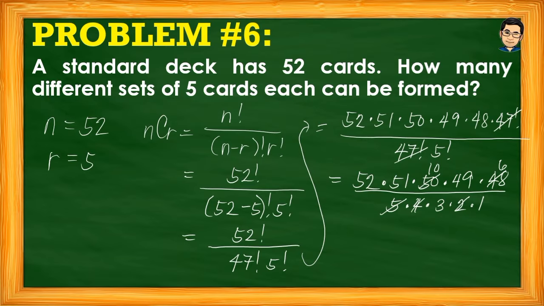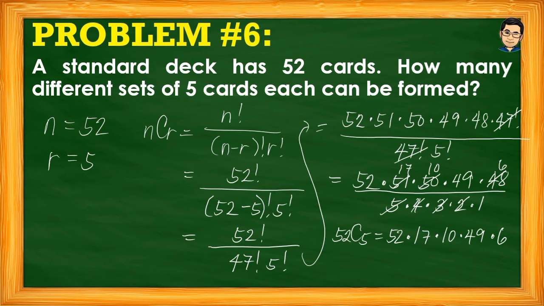And then yung 3 saka 51, so 51 will become 17. Then multiply natin yung mga natira. So 52 times 17 times 10 times 49 times 6.